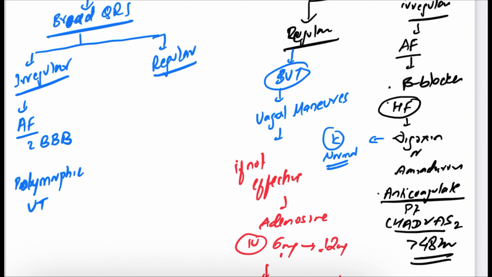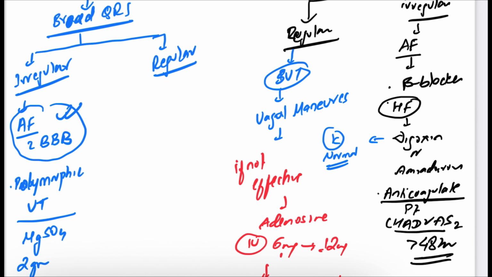You have to distinguish between them. For AF you have to treat like we treated previously. Beta blocker or digoxin you can give in this case, while in polymorphic VT, also known as torsades, you have to give magnesium sulfate, 2 gram over 10 minutes.